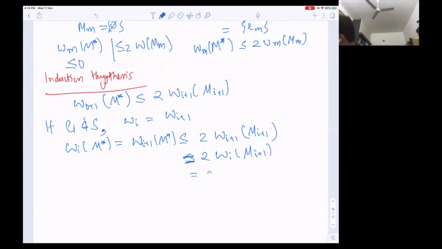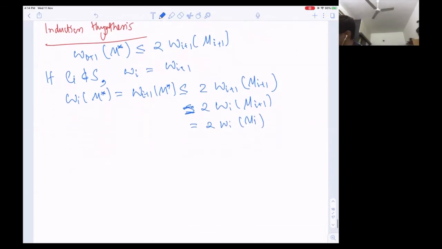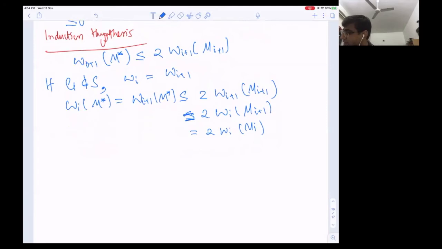So this is 2 times weight of M_i. So we are happy. This is the case when e_i is not in S.